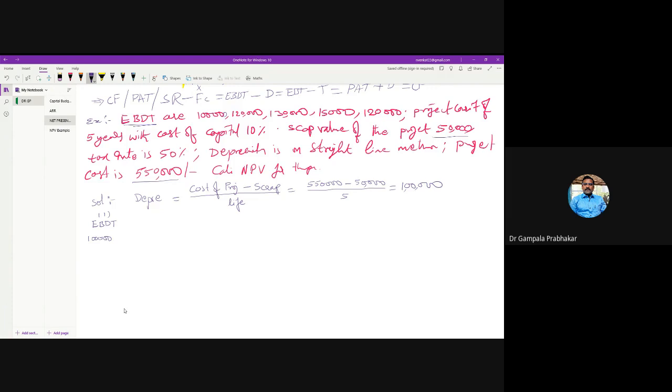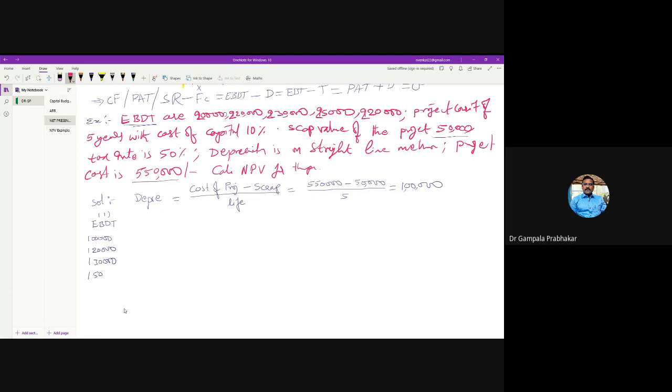Let us increase these values for our understanding, instead of 1 lakh, let us make it 2 lakhs, because after taking depreciation and tax some value we have to realize.